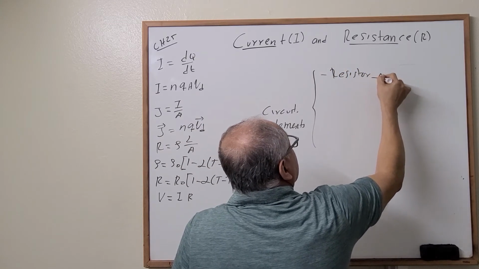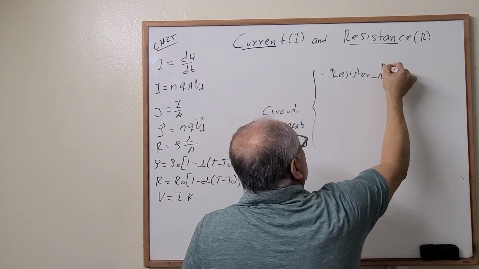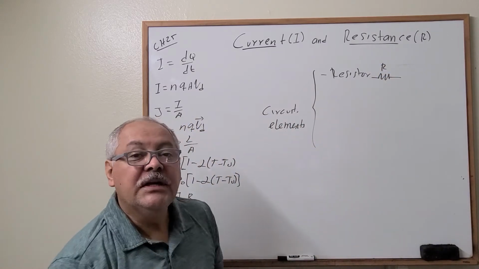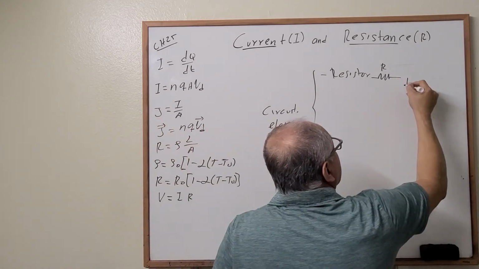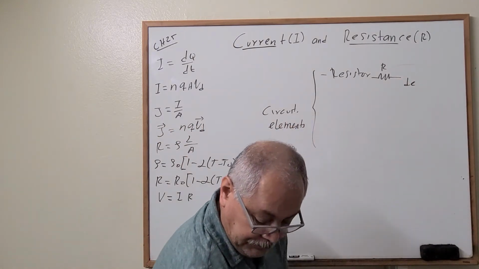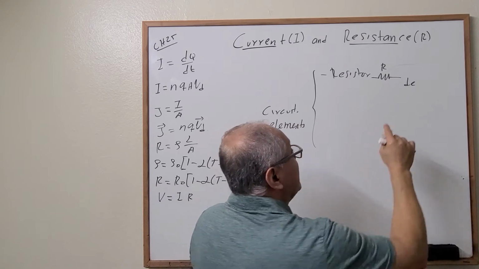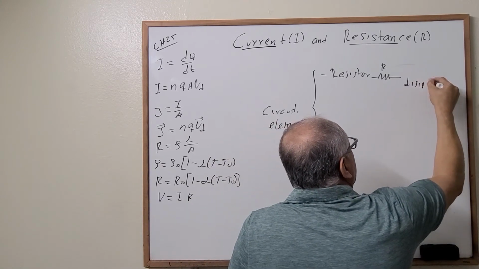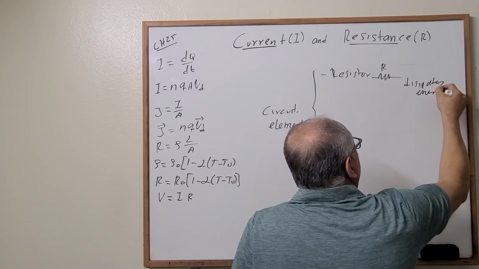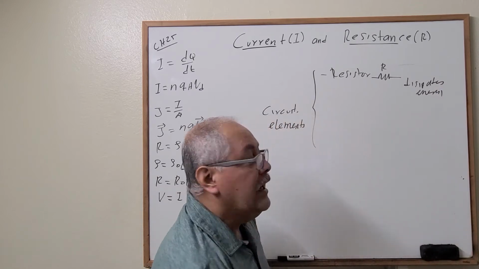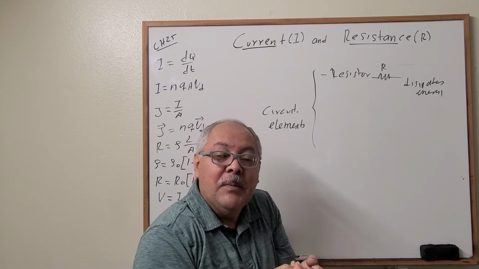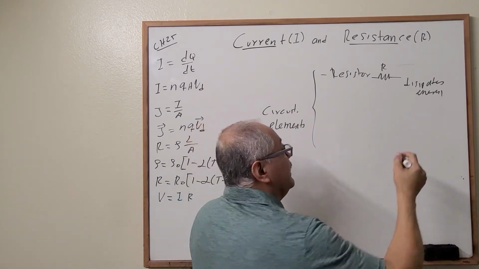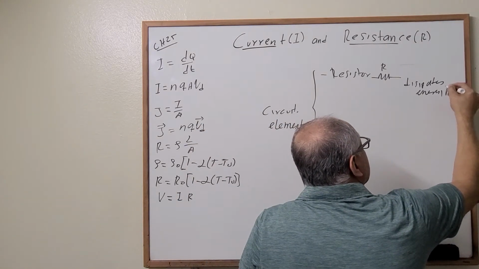The symbol is R, and the main function is to dissipate energy. The resistor dissipates energy, and that happens using heat.